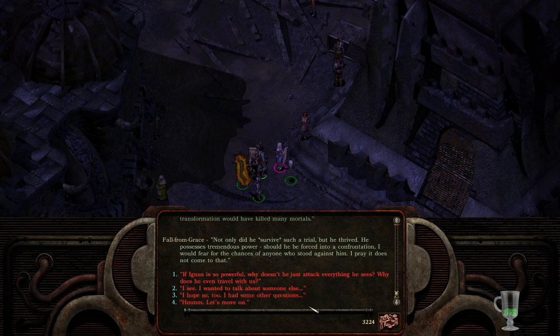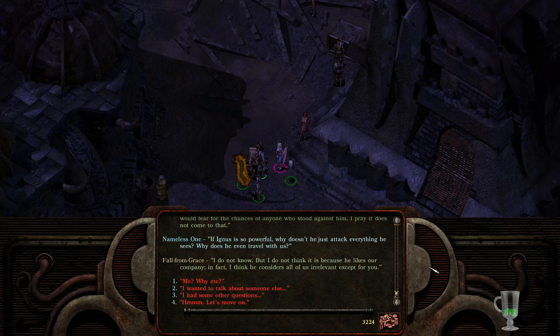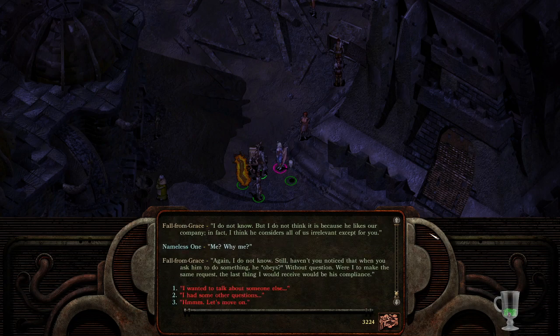I pray it does not come to that. Why doesn't he just attack everything he sees? Why does he even travel with us? I do not know, but I do not think it is because he likes our company. In fact, I think he considers us all irrelevant except for you. Why? Me? Again, I do not know. Still, haven't you noticed that when you ask him to do something, he obeys? Without question. Were I to make the same request, the last thing I would receive would be his compliance.